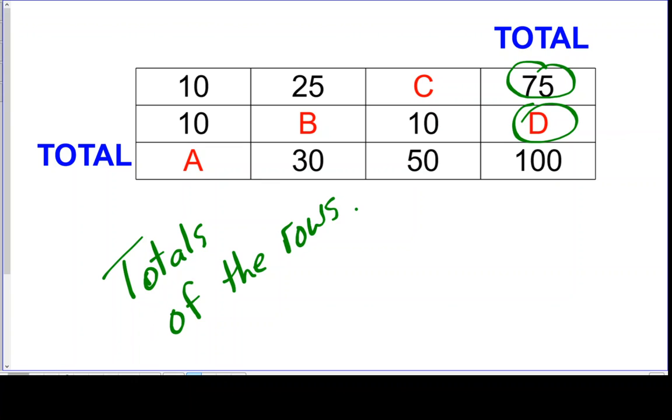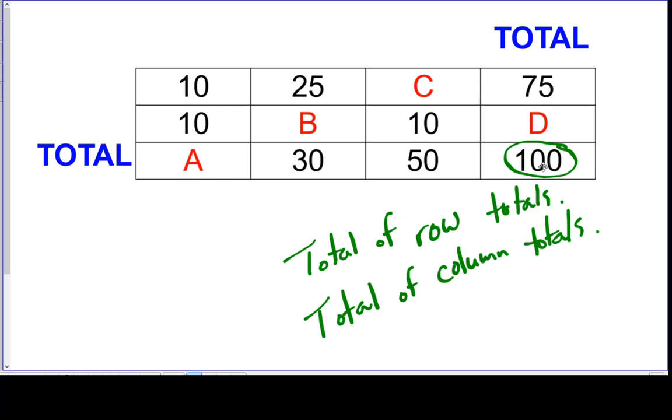This number here is special because notice this number here, 100, represents a total of this column, and it also represents a total of this row. So this 100 represents the grand total of everything inside the box.